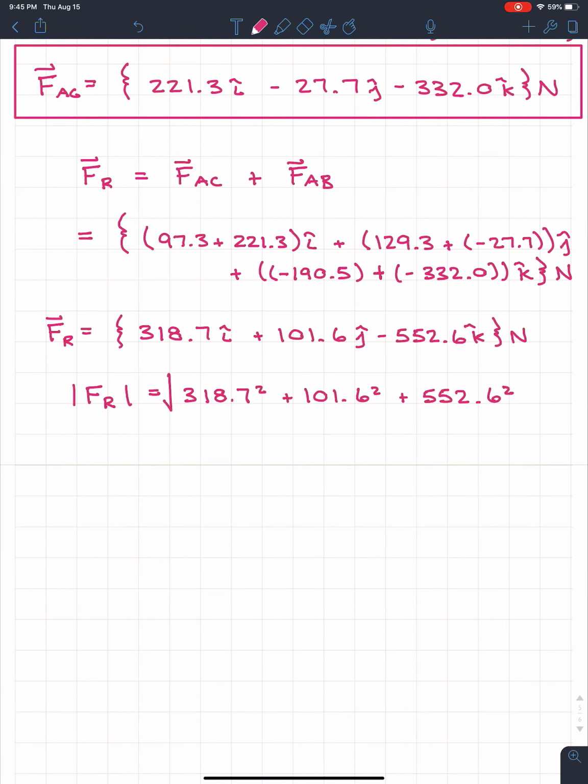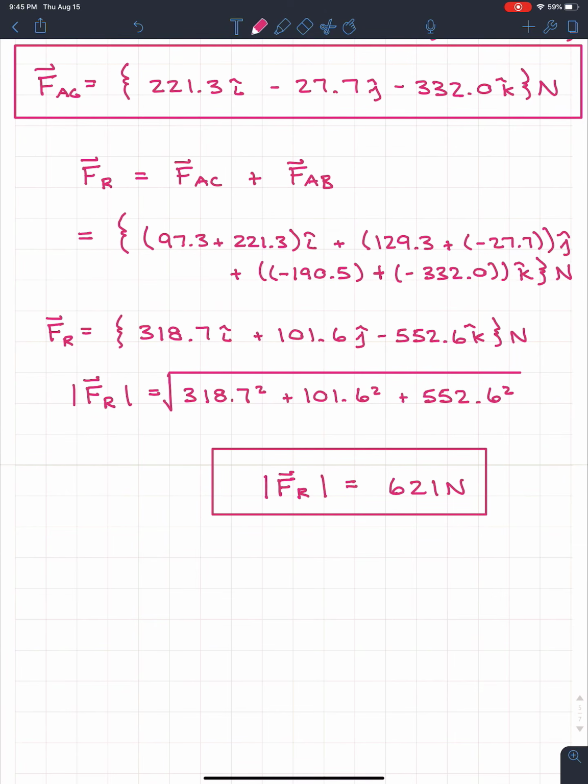And we're going to drag this along. Perfect. And what happens is we get the magnitude of FR. So the magnitude of FR, and I forgot the little hat there, is going to be 621 newtons. And again, this is our final answer, so let's put a nice box around it.